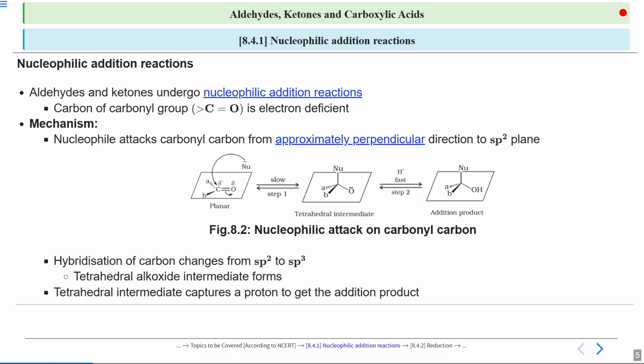This step stabilizes the intermediate and results in a neutral molecule. So this is the mechanism of how the nucleophile attacks the carbonyl carbon, you get a tetrahedral intermediate, and then it accepts one proton and gives you an addition product. I hope this is clear.